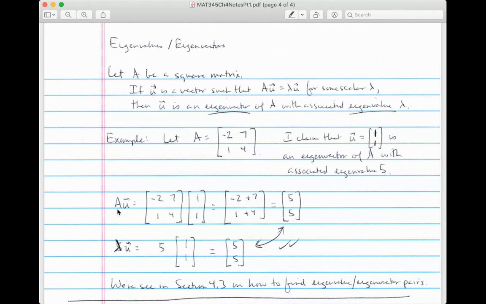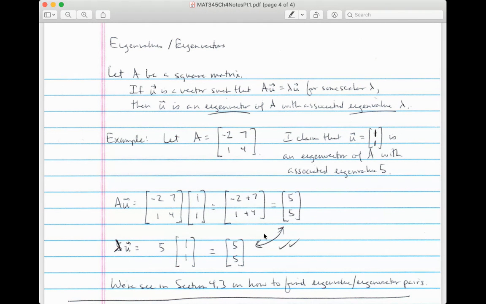So if I take A times U, I'm looking at negative 2, 7, 1, 4 times the column vector 1, 1. From your review of matrix multiplication, we know that that's going to be negative 2 plus 7 in my top entry, and then 1 plus 4 for my bottom entry. Do those additions, I get 5, 5. But that's exactly what I get when I multiply U by the scalar 5.